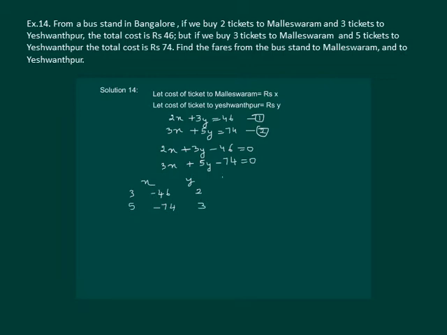Now write 1 and under 1 leave the coefficients of the constant term and write the coefficients of x and y. Since the coefficients of x are already written, we have to write the coefficients of y, that is 3 and 5.